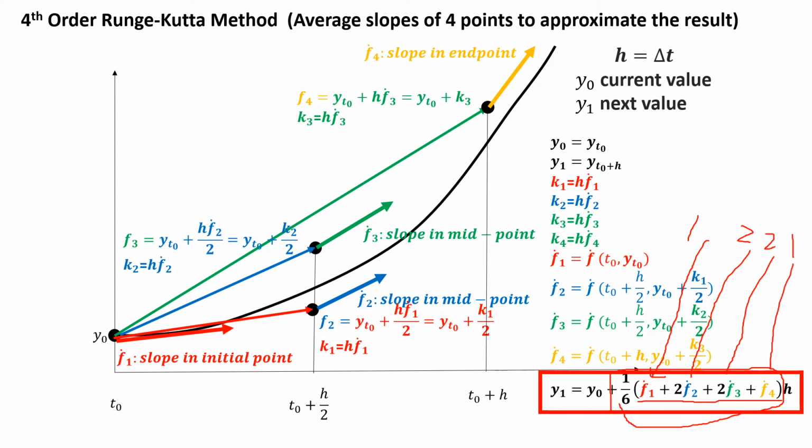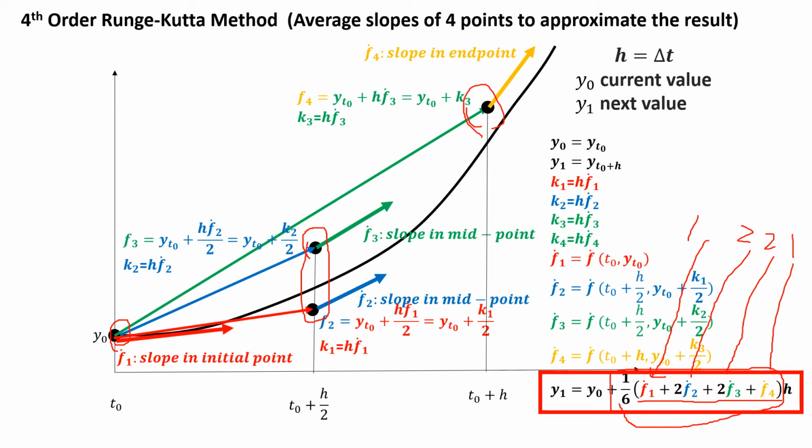So it tells us we believe the middle point slope more, but we also want to use the initial point and the next point slope to make the average slope better.